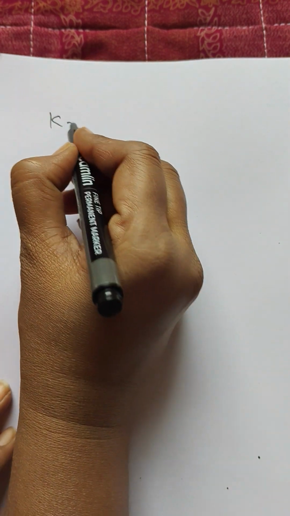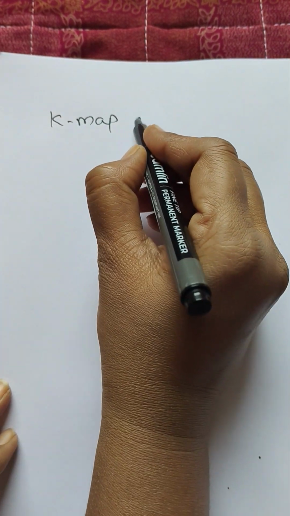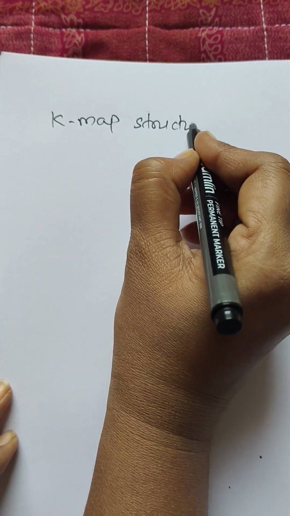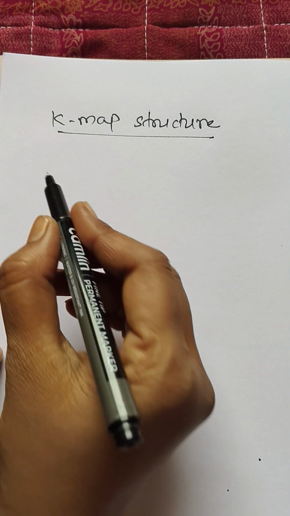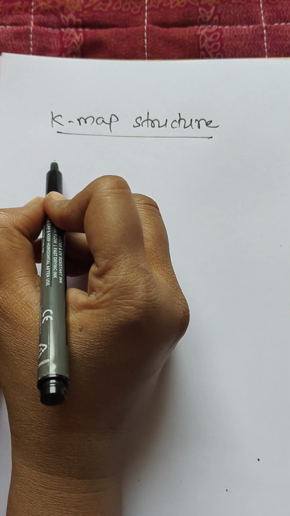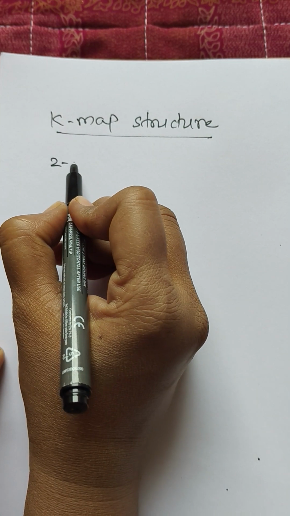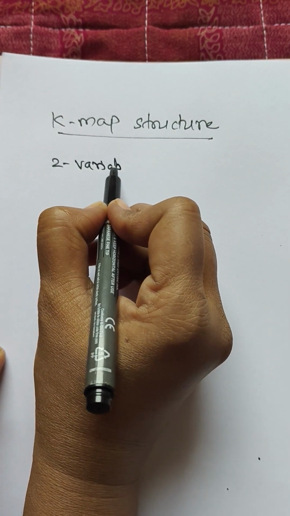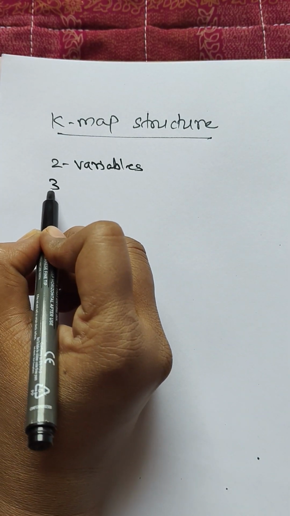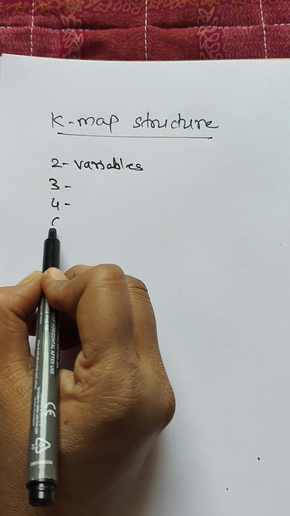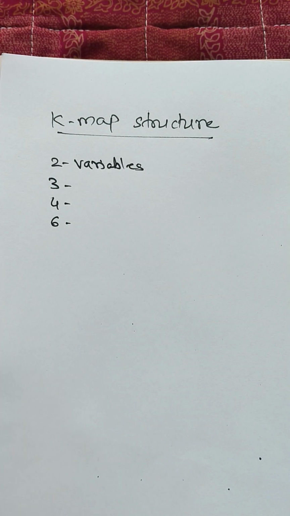For moving with the K-map, first let us see what types of K-map structure we can draw. A K-map structure can be drawn for two variables, three variables, four variables, or up to a maximum of 6 variables.